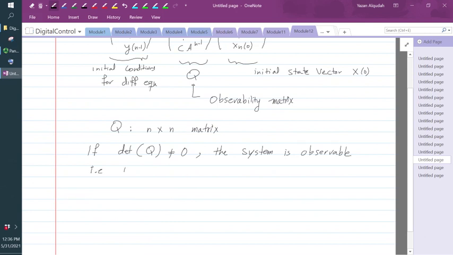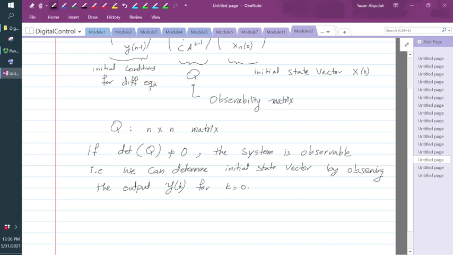That means we can determine the initial state vector by observing the output for k equals 0 all the way to n minus 1.